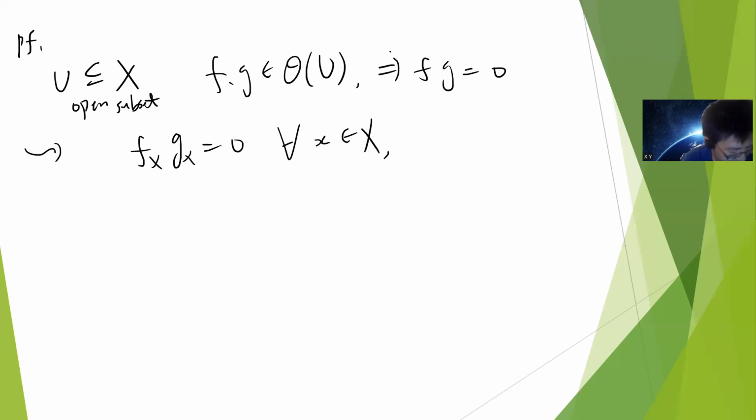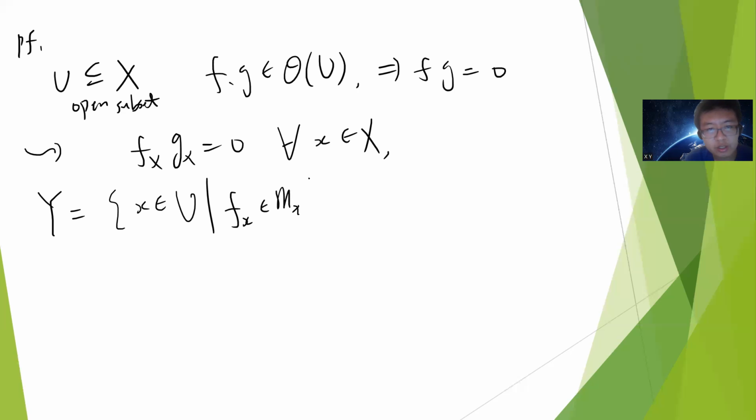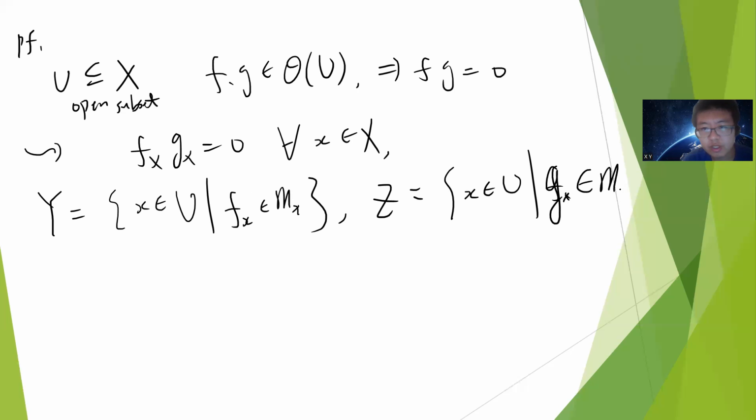Okay, so I can consider the following two sets. Y is the set of x belonging to U such that f of x belongs to the maximal ideal m of x, as previously defined, but previously we defined it as not belonging to, and now we define it as belonging to. Then we define Z to be the set of x belonging to U such that f of x, g of x does not belong to m of x.